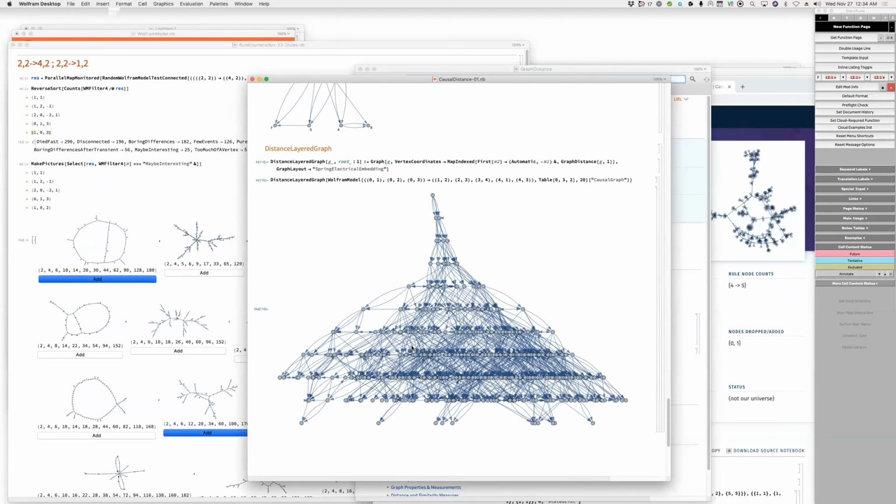a useful thing anyway. We should have a distance layered graph.